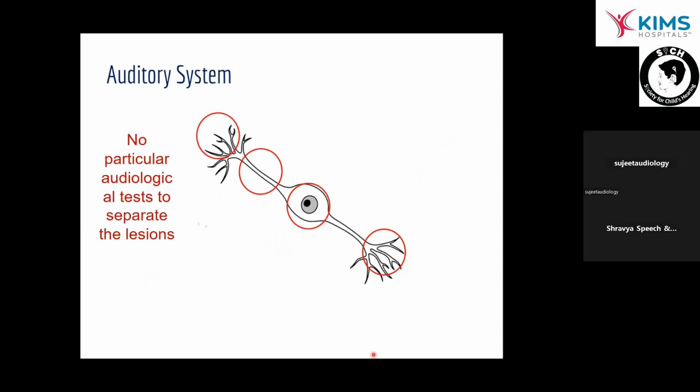Okay, and in the auditory system, what you have to understand is that there can be a pathology at the dendrites, at the axon, at the cell body, and at the terminal buttons. And we have no test which can rule out a pathology of the dendrites from the axon, and the axon from the cell body, and the cell body from the other parts.